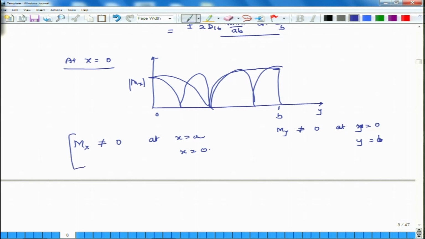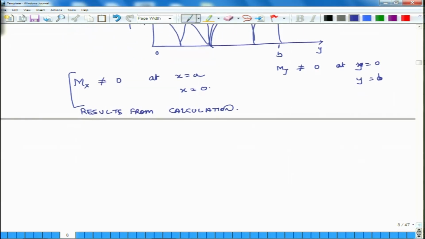So this is what computation tells us. This is the result from calculation. Calculation tells us that mx and my are not 0 at the simply supported edges, but these edges are simply supported. So it has to be 0, right.